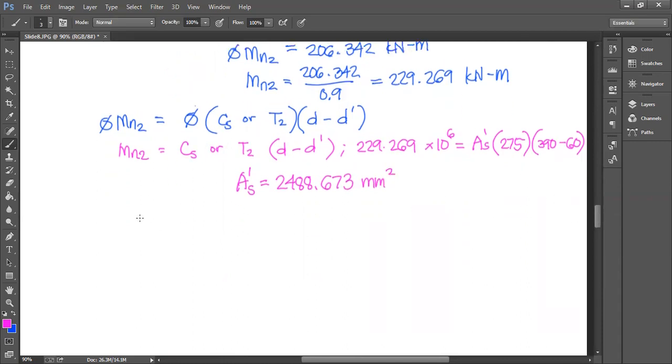Ngayon, if we have to use 28 mm diameter para doon sa assumed value ng A prime S, yung area ng bar natin is equal to pi over 4 times 28 squared, tingnan natin.